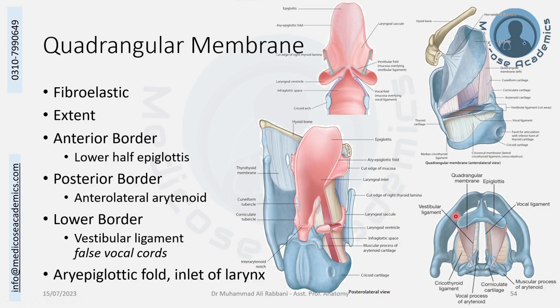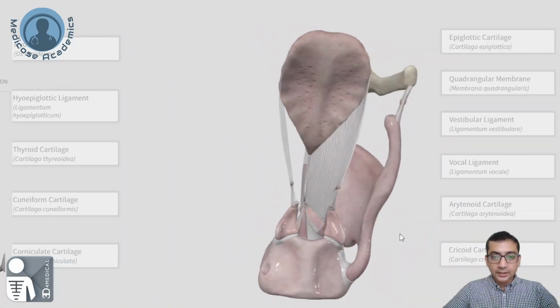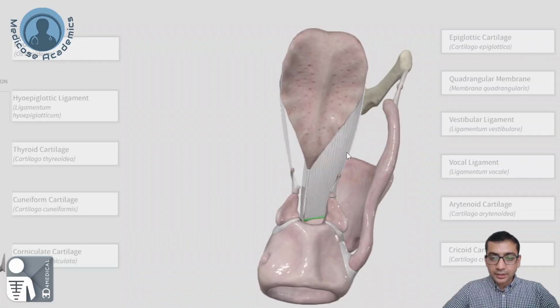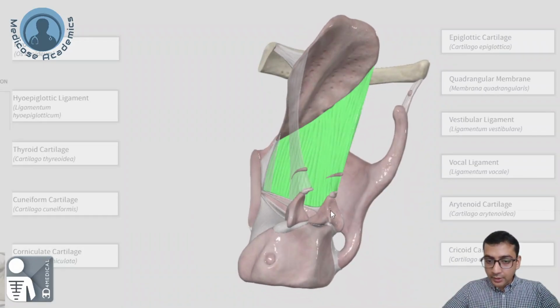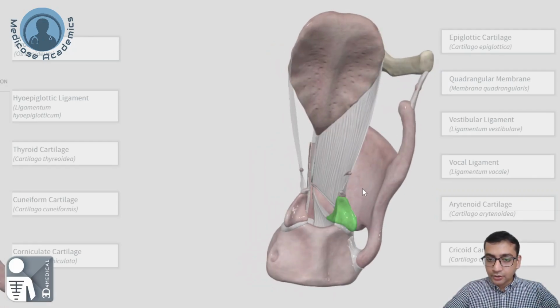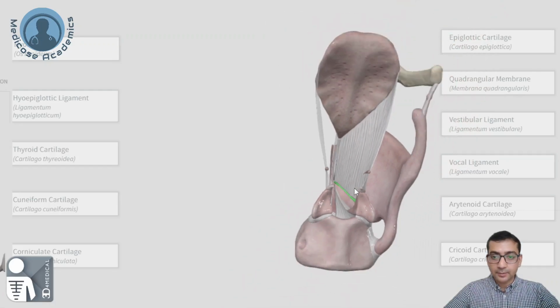And just a quick review on the 3D model again. This is the quadrangular membrane. Its attachments are anteriorly the epiglottis, posteriorly the arytenoid cartilages, and the lower end is attached anteriorly to the thyroid cartilage and posteriorly to the arytenoid cartilage, giving rise to the lower free margin that is known as the vestibular ligament.